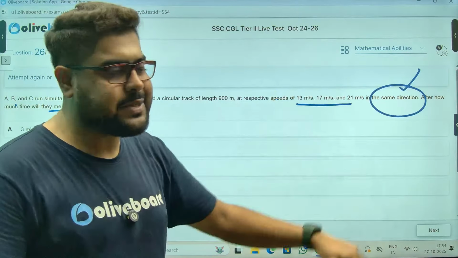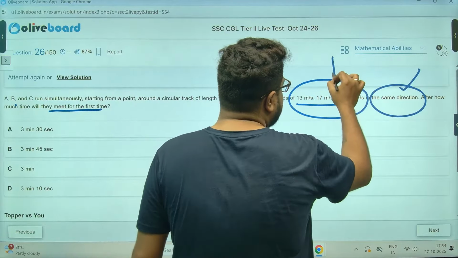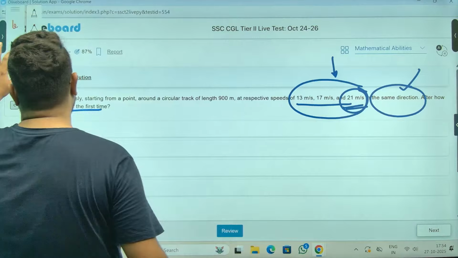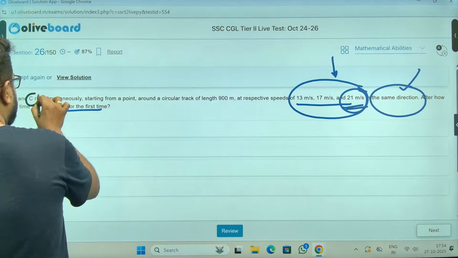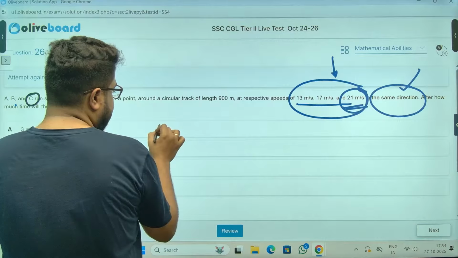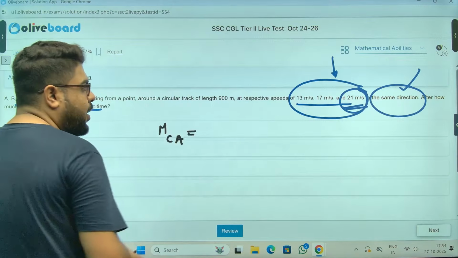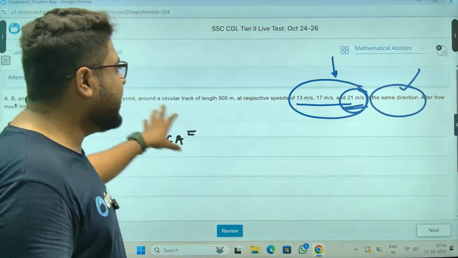And what is the best method if there are more than 2 persons? Find who has the highest speed. This person has the highest speed, so always compare with this person, C. So I will take the meeting between C and A first. After what interval will C meet A?